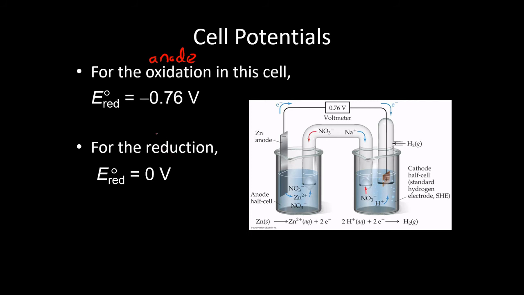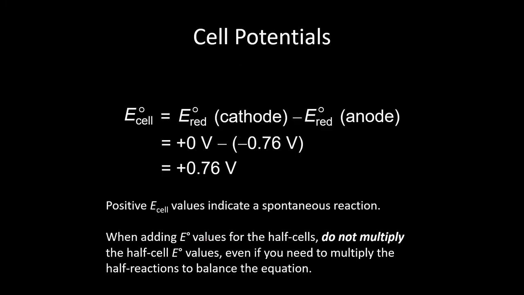Here we have reduction occurring, so this is the cathode. So cathode, 0 volts, minus anode, minus negative 0.76 volts, gives us positive 0.76 volts. And that's what we see here. Because we're subtracting a negative number, we end up with a positive 0.76 volts.